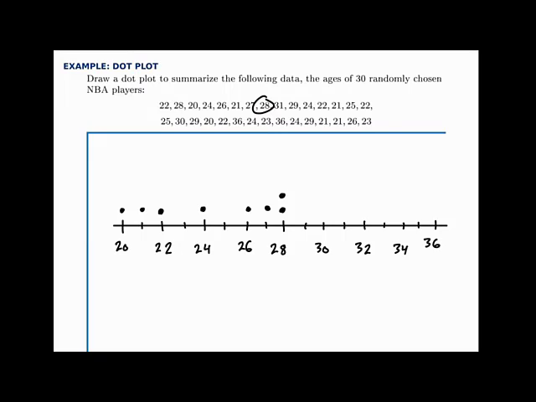Then we go to 31 and 29 and just continue on entering these. We hit another 24 here, and again we just put this one above the first one at that location. Then we have another 22, another 21, then a 25, another 22, another 25, 30, another 29, another 20, and so on.